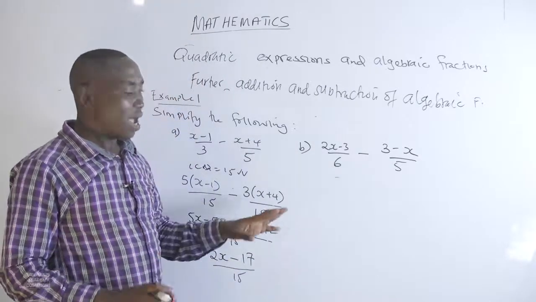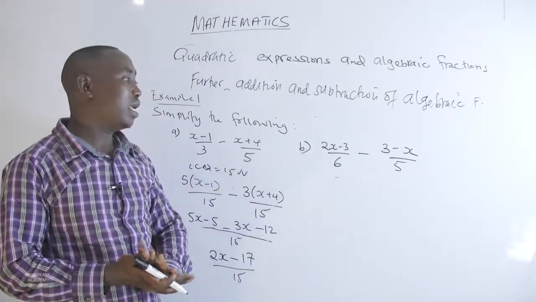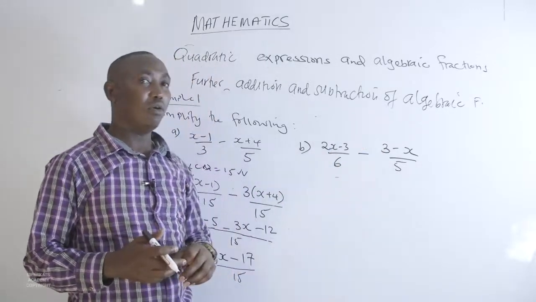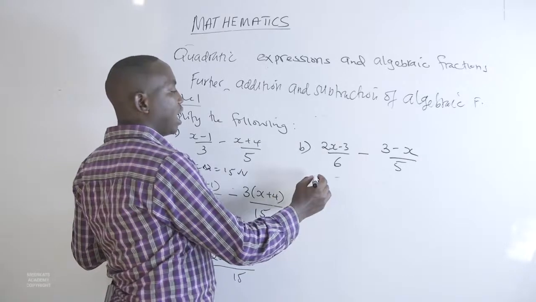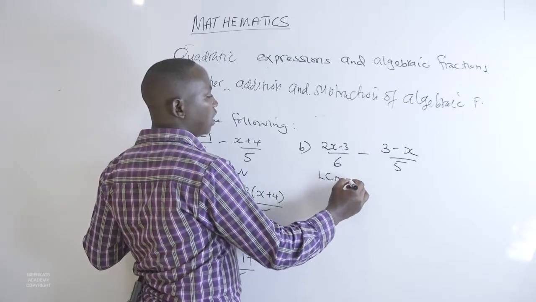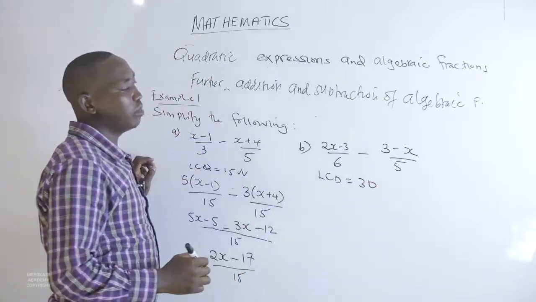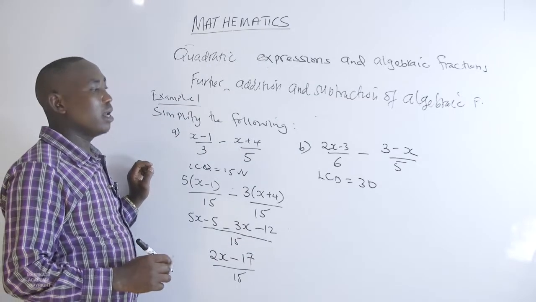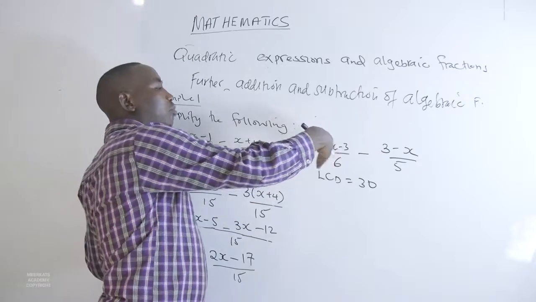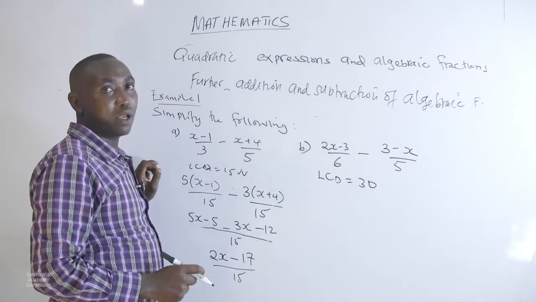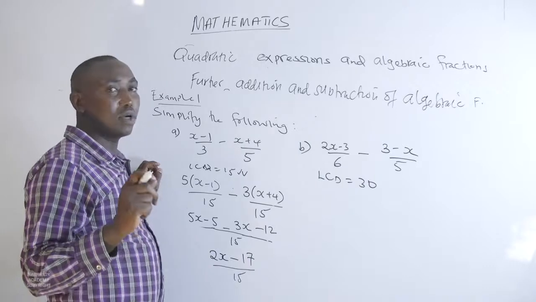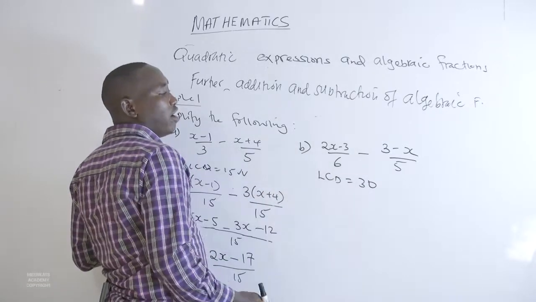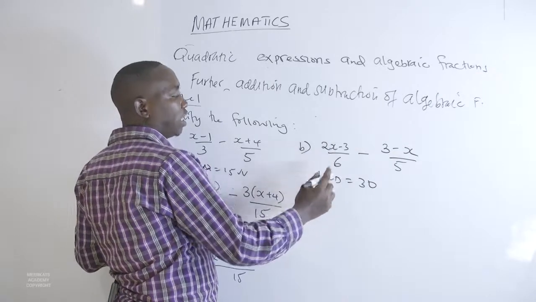Number B, we have (2x minus 3) over 6, subtract (3 minus x) all over 5. Now the LCD in this case is going to be 6 by 5, which is 30. Now we express these two expressions using the new denominator, which is 30. 6 goes into 30 5 times, so we multiply the numerator by 5.